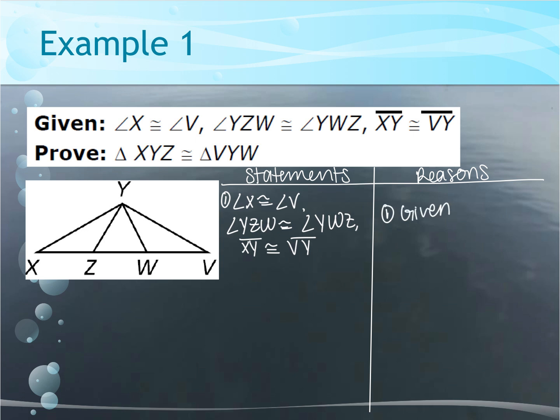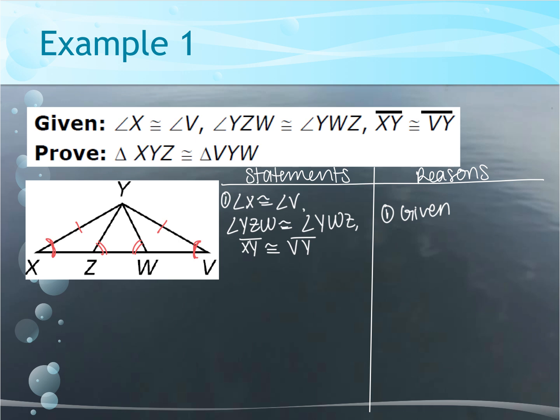If you're looking at the diagram, none of the information is drawn on the diagram, so I'm going to go ahead and draw it. So I have angle X is congruent to angle V. I then have angle YZW is congruent to angle YWZ. And then I have YX is congruent to VY.